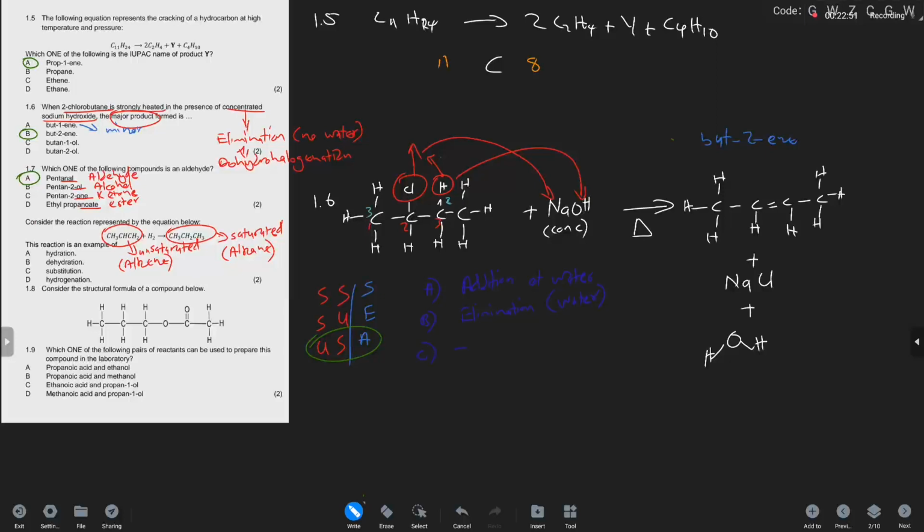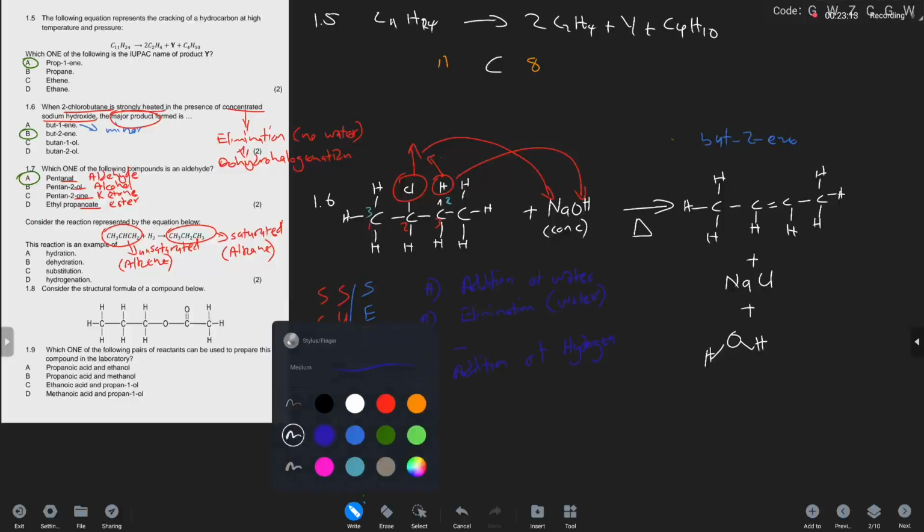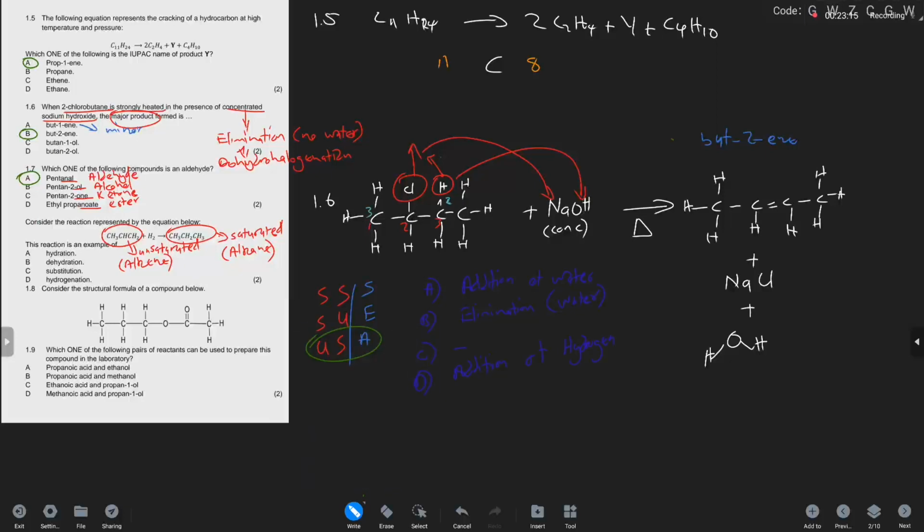That's when we remove and then replace with something else. And finally we have D, which is hydrogenation. Hydrogenation is the addition of hydrogen, which is what is happening in this reaction. We can clearly see there is an addition of an H2 molecule, which brings about our final product, which is an alkane. So the correct answer will be D.